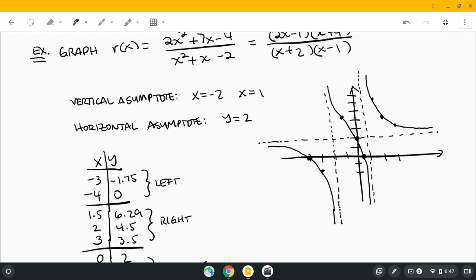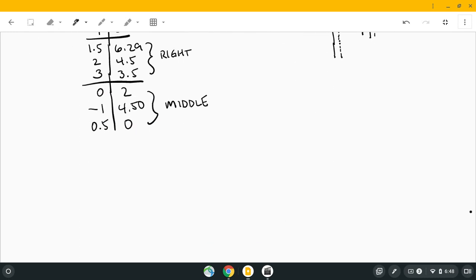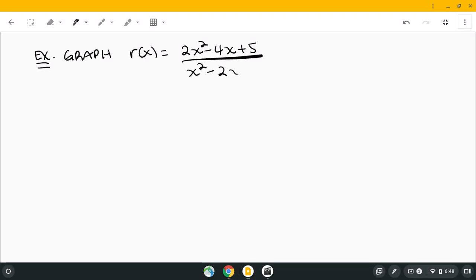Okay, let's go ahead and try another one. Let's go ahead and graph r of x equals 2x squared minus 4x plus 5 all over x squared minus 2x plus 1. Okay, so let's do our verticals.